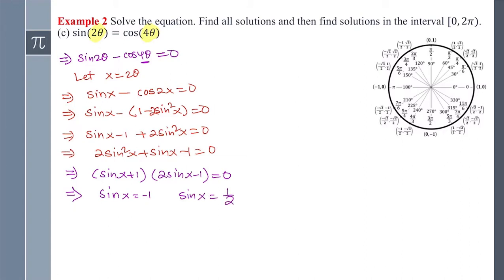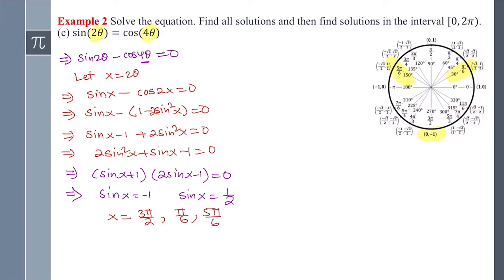So sine is -1 at 3 pi over 2, right here. This is where we have -1. So this is 3 pi over 2. And then sine x is 1/2 at pi over 6 and 5 pi over 6. So from the second one, x equals pi over 6 and 5 pi over 6.